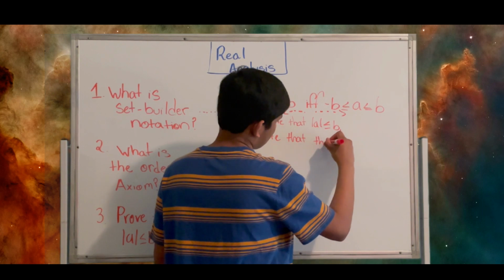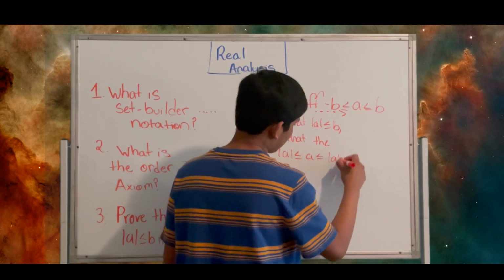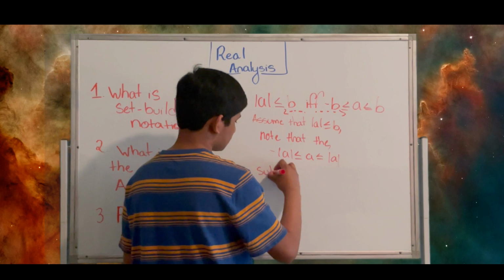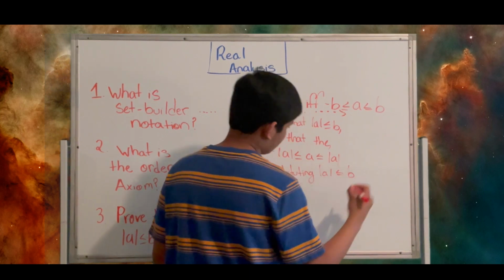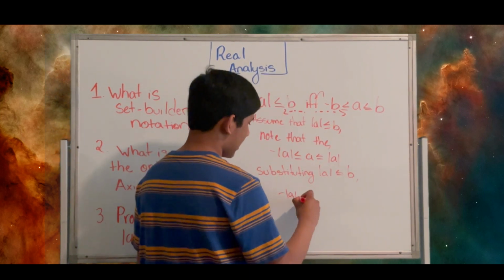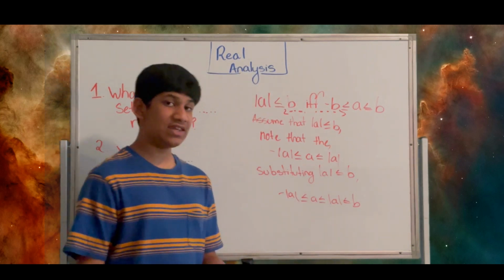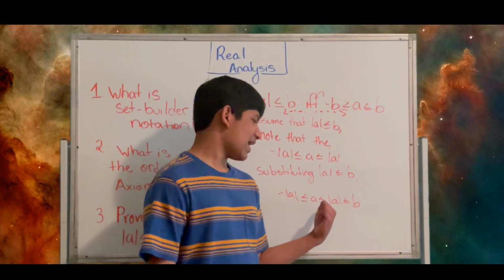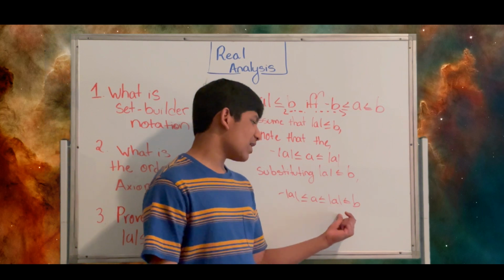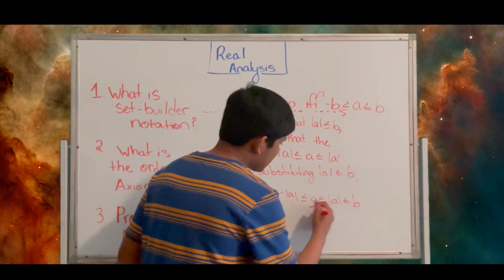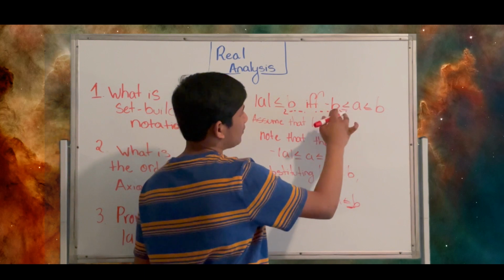Note that negative absolute value of A is less than or equal to A, which is less than or equal to positive absolute value of A. Now, substituting that absolute value of A is less than or equal to B, we get negative absolute value of A is less than or equal to A, which is less than or equal to absolute value of A, which is less than or equal to B. Now, as you can see, A must be less than or equal to B, because A is less than or equal to absolute value of A, which is less than or equal to B. So A is less than or equal to B, and this proves this part of the thing we're trying to prove, but we have to prove this part as well.